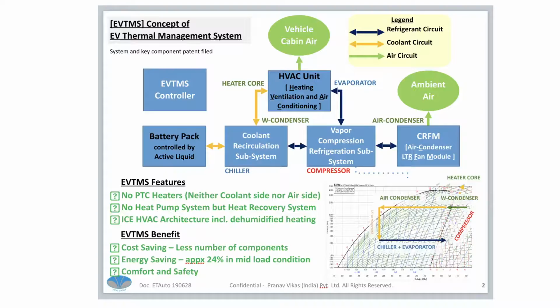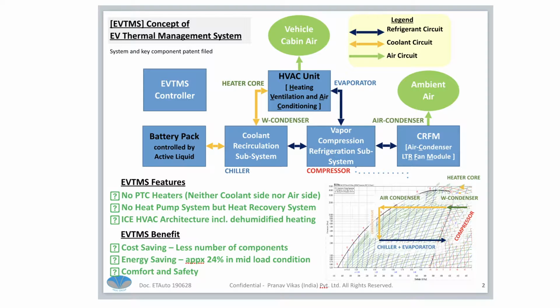This is supported by two subsystems. One is a coolant recirculation system, and the other is a vapor compression refrigeration subsystem. This is in fact consuming the main part of the system.